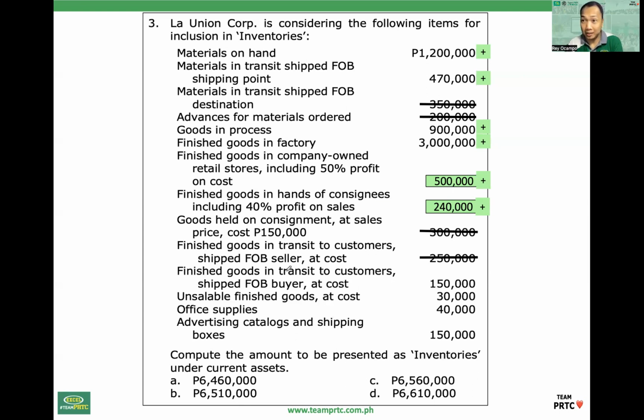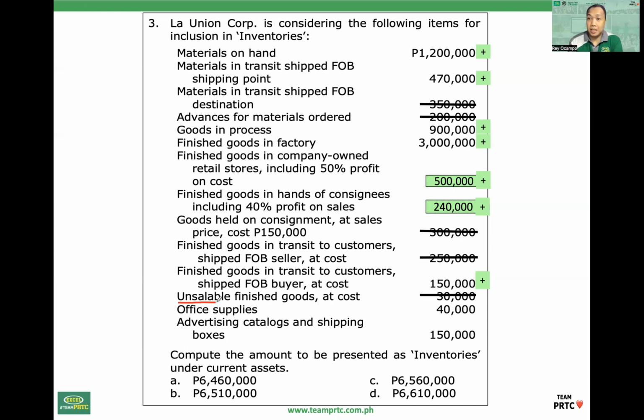The seller. It is still unsold. Since it is unsold, include. Again, FOB seller is FOB shipping point, sometimes called FOB origin. And FOB buyer is FOB destination. Okay, unsaleable finished goods. Unsaleable, it will not be sold, so exclude. And if nothing can be recovered, treat that as loss.